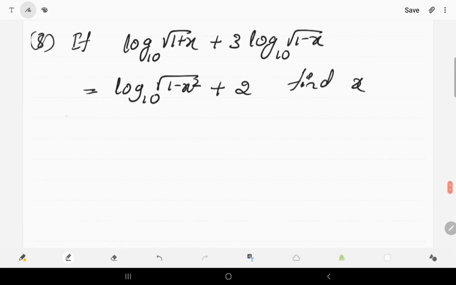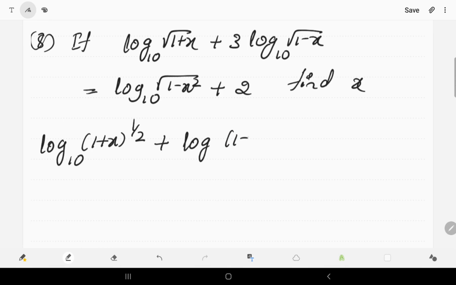So that is log of 1 plus x to the power 1 by 2 to the base 10 plus log of 1 minus x to the power 3 by 2 to the base 10, equal to log of 1 minus x square to the power 1 by 2 to the base 10 plus 2.